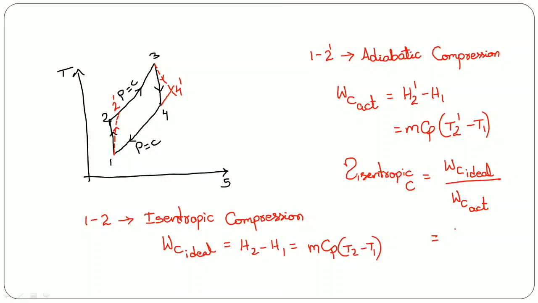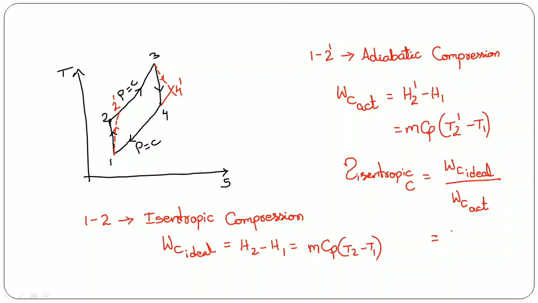The testing of the refrigerator will be done under showroom conditions or lab conditions, but practically the atmosphere that is available will be different. So that's why the actual work consumed by those compressors will be higher. That is the reason we are writing ideal by actual here.